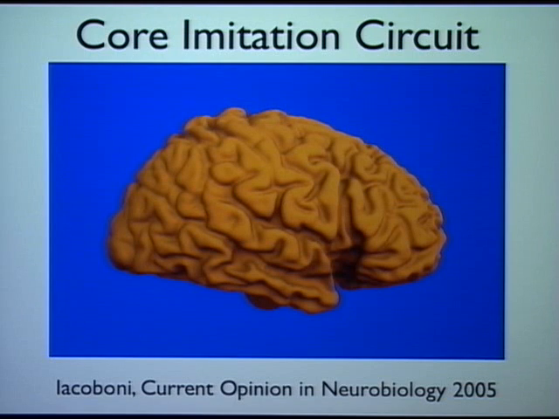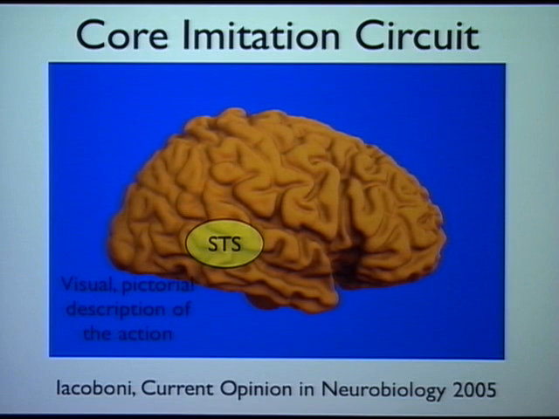But these 3 regions, which are very similar in terms of their functional properties and their anatomy to the monkey brain regions that are important for action recognition and for mirroring, I think they're really what we call the core imitation circuit. And of course, it starts from the posterior part of the superior temporal sulcus, which provides a visual pictorial description of the action that you're going to imitate.